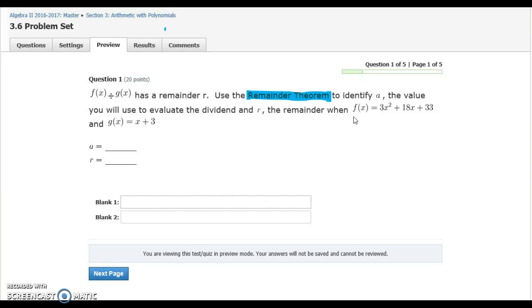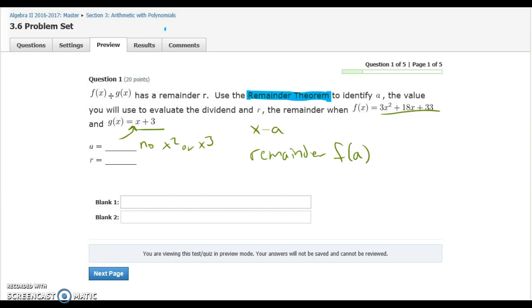So the idea behind the remainder theorem is that if you are given some polynomial, like we happen to have here, 3x squared minus 18x plus 33, and it's divided by a linear factor, which means you don't have anything bigger than an x, so no x squareds or x cubes, just a linear factor, then this linear factor, if written as x minus a, then the remainder is f of a.